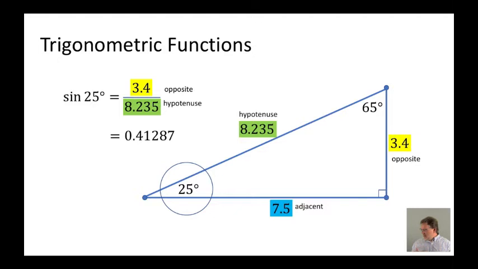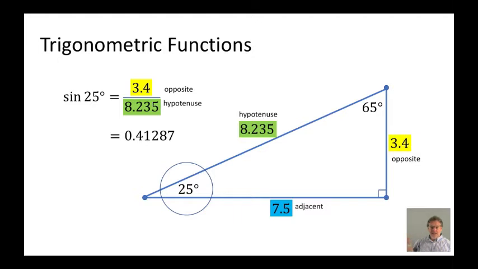For sine, we get a specific ratio, and to illustrate this, I've got the hypotenuse showing up in green, and I have the two legs here in yellow and blue. Now, in relation to the 25-degree angle here, the yellow side is opposite that angle. Hopefully you can see that. The angle is way over there on the left, and this side is on the right.